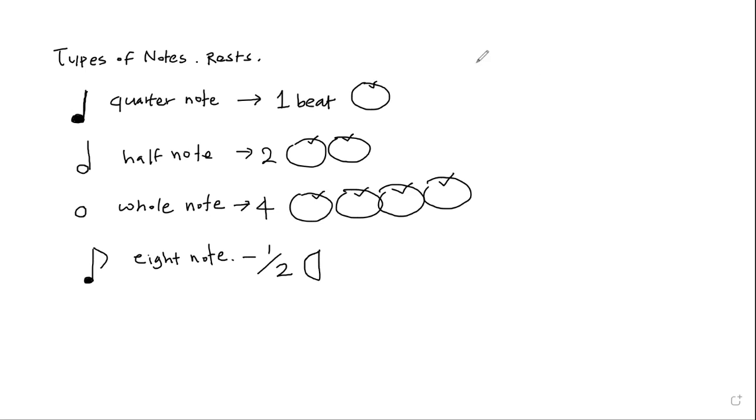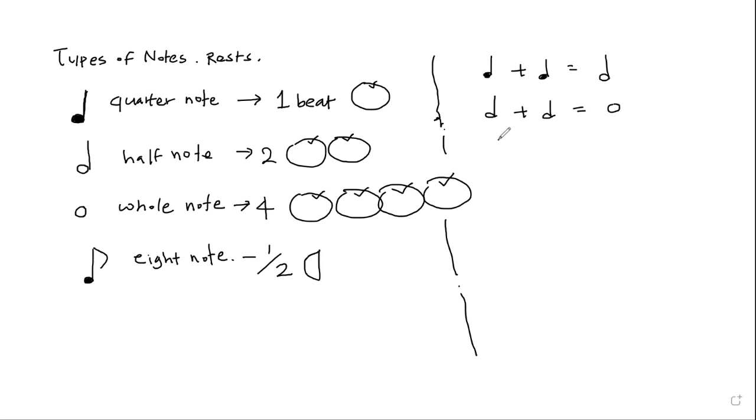So let's do some math here, okay? 1 quarter note, this is 1 beat, 1 apple, plus 1 more apple, this is a half note, right? 2 beats. And 2 half notes make 1 whole note, okay?